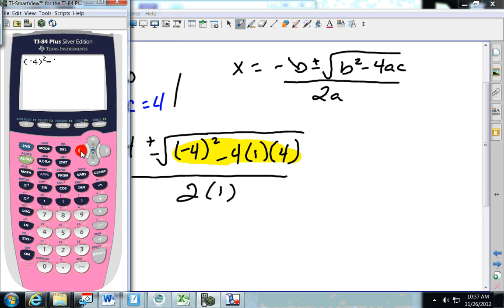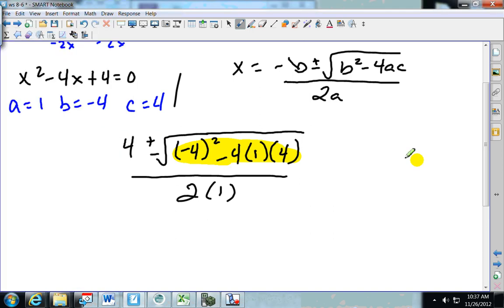Oh, I missed a parentheses, didn't I? There we go. Press enter. And it gives me 0 because this is a positive 16 minus 16. So this right here all goes away. So now I have 4 plus or minus 0 over 2. Well, plus or minus 0, that doesn't mean anything. All I have is 4 divided by 2, which is 2.